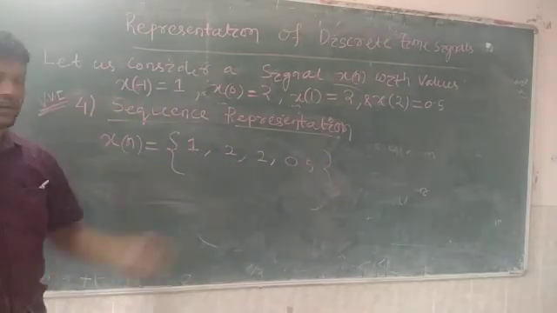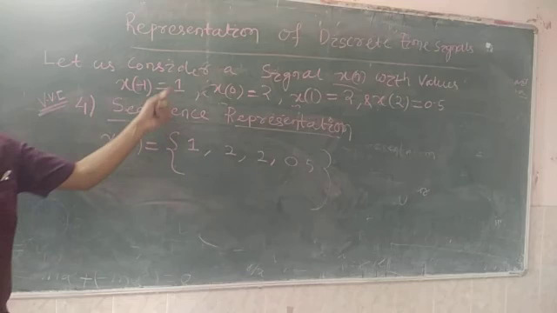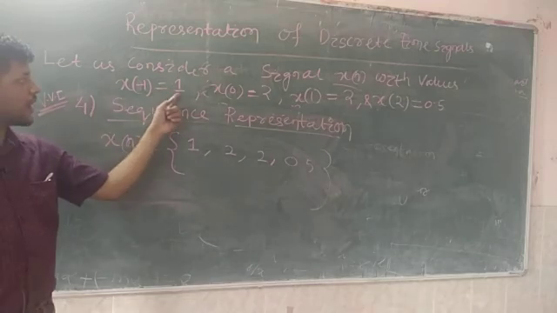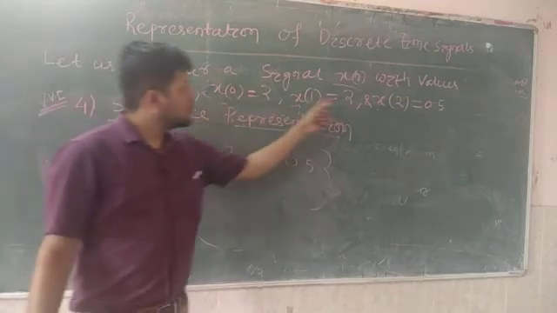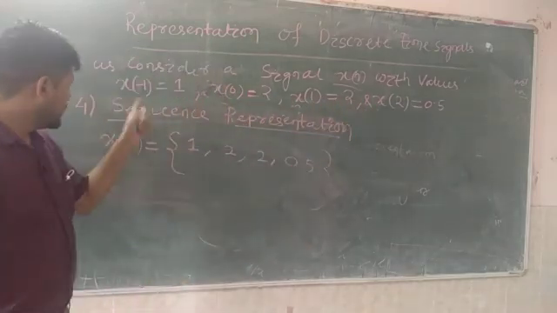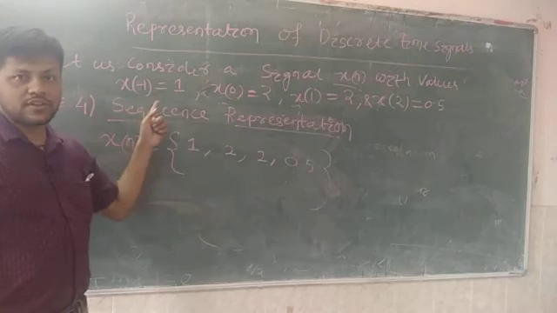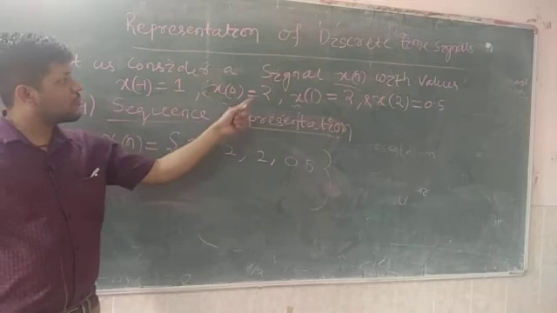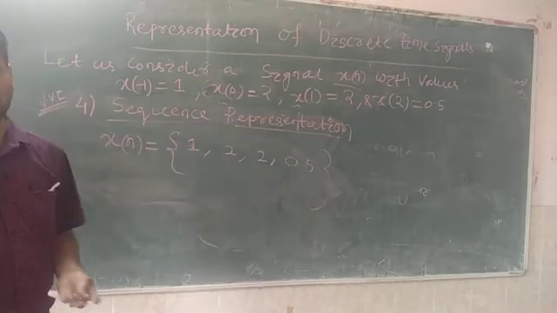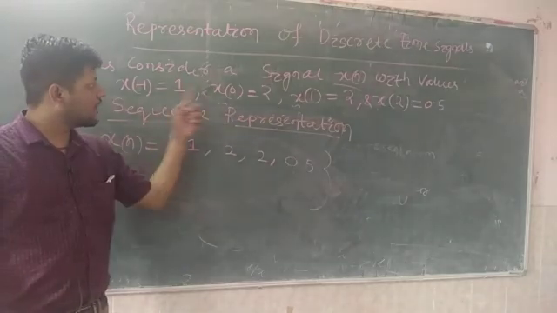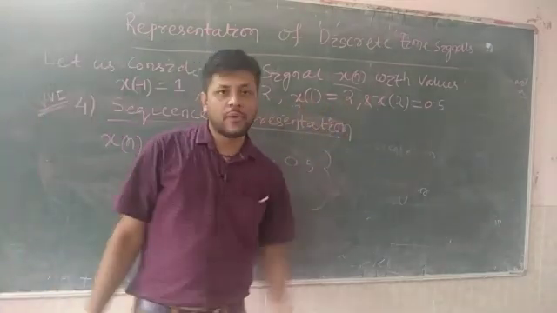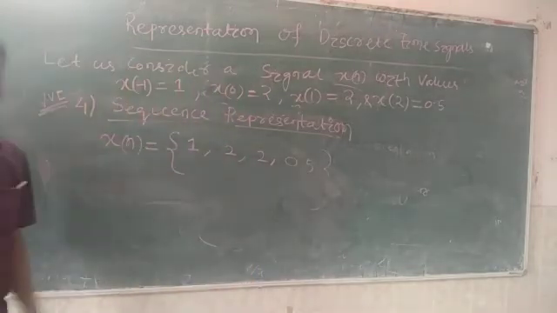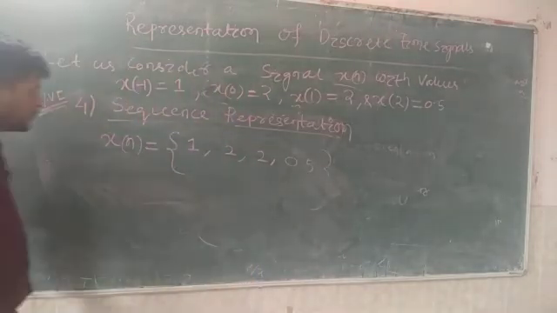I have just written down the amplitudes: 1, 2, 2 and 0.5. Under the bracket, this is not amplitude, this is x of n. In x of n, n stands for discrete time. So minus 1, 0, 1, 2 are all time values, but 1, 2, 2 and 0.5 are all amplitude values.